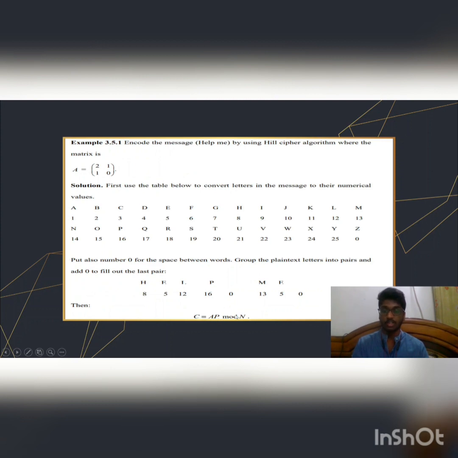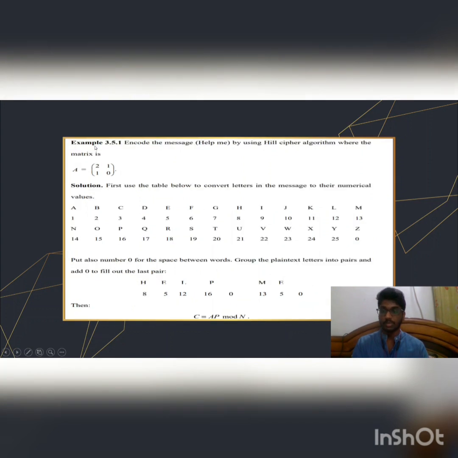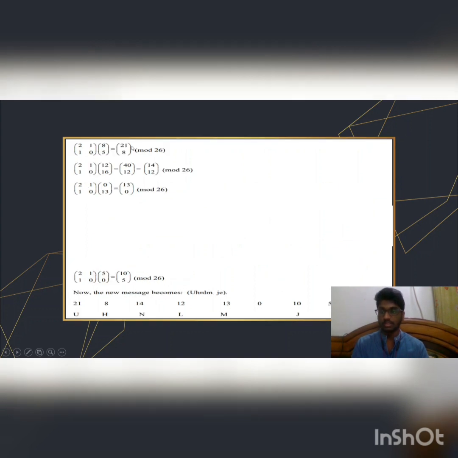C is equivalent to AP mod 26, so we are doing A times P. A is the given matrix here, and P is the first pair, 8 and 5, which is H and E. These are multiplied, and if the numbers are greater than 26, they are divided by 26 and the remainders are written here.